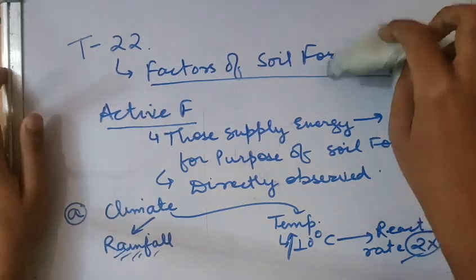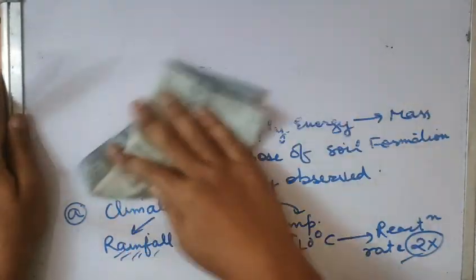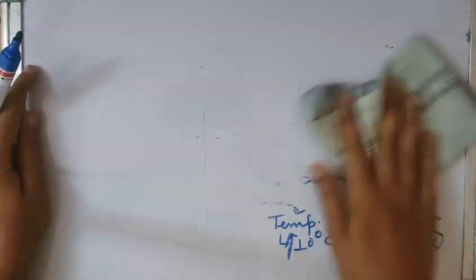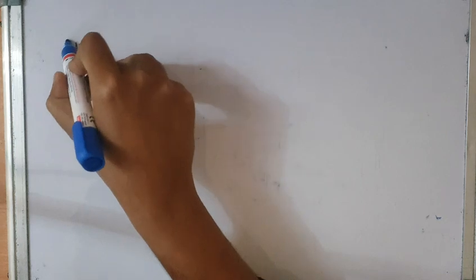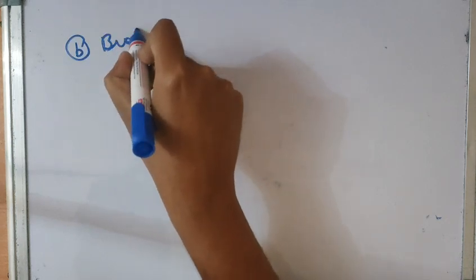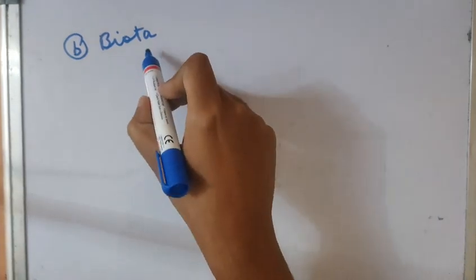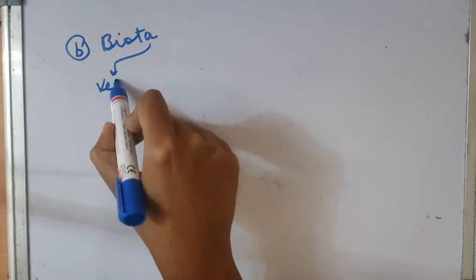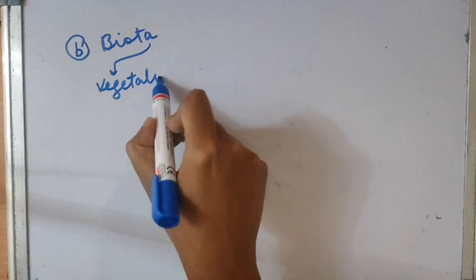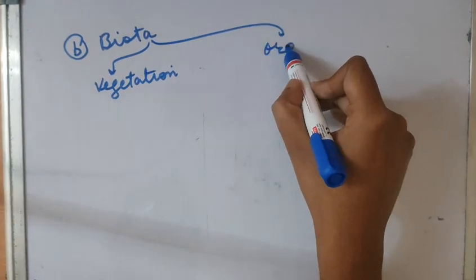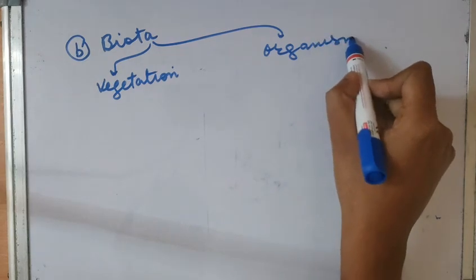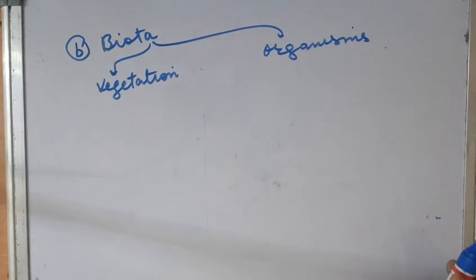Now moving on to another active factor, that is biota. What is biota? That is vegetation and organisms.